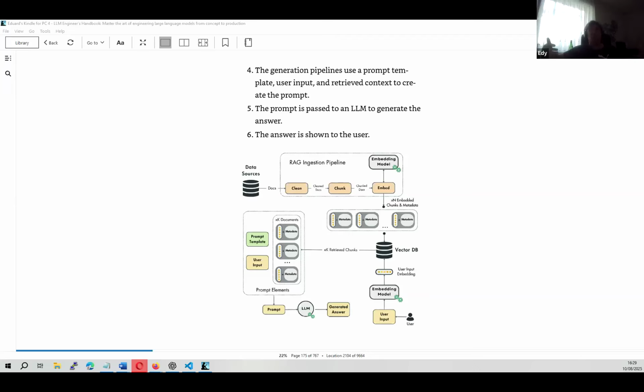So the quality of the answer is a function of the relevance of the context.